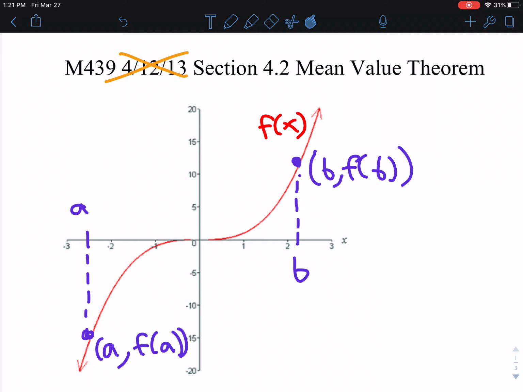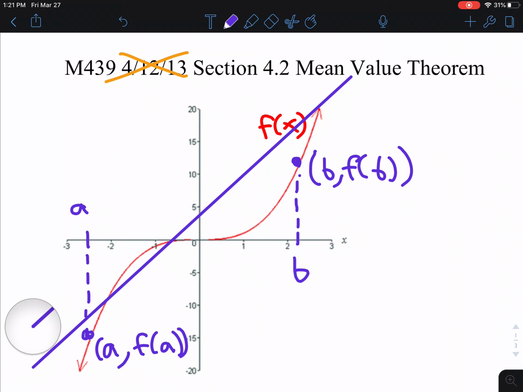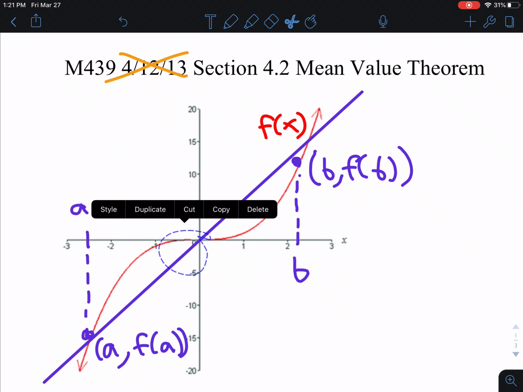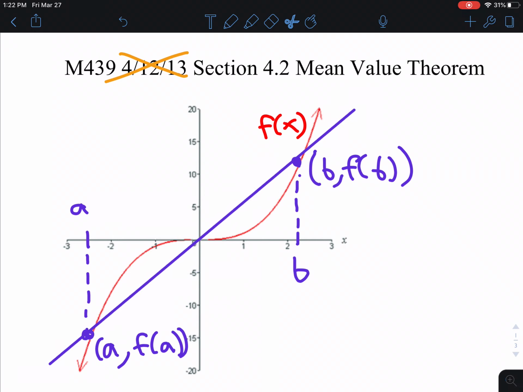So here's what I can do with these 2 points. We're going to go back to chapter 2, where we talked about the idea of the average rate of change, which is represented by the slope of the line that connects these 2 points, which is going to look like this, maybe? Let's see if I can get that.